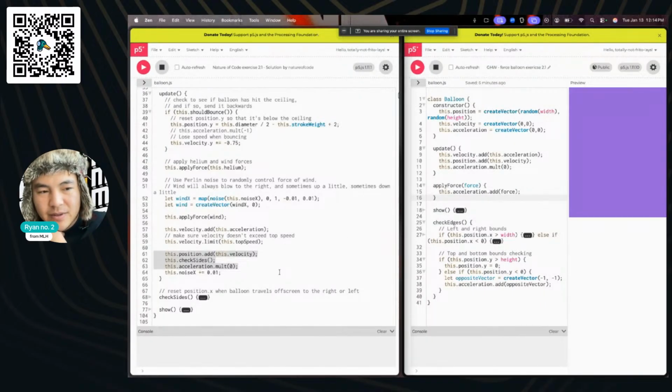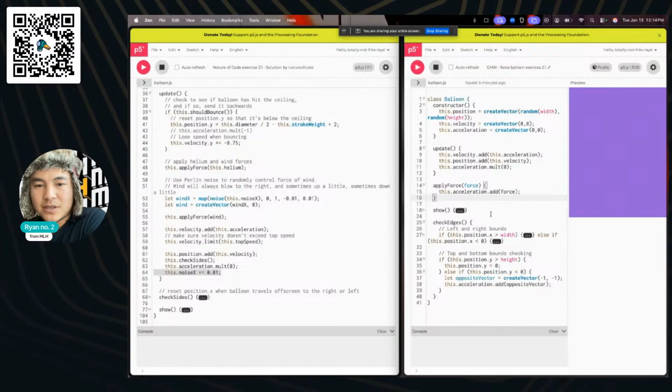Position.add this velocity, check sides, acceleration multiplied by 0. So that's where they actually reset the multiplication, and then added the noise afterwards. So this is, instead of doing the frame count for the noise, we just added in a 0.01 for the step for noise X. Okay, so let's go ahead and start working on adding those changes to our code.